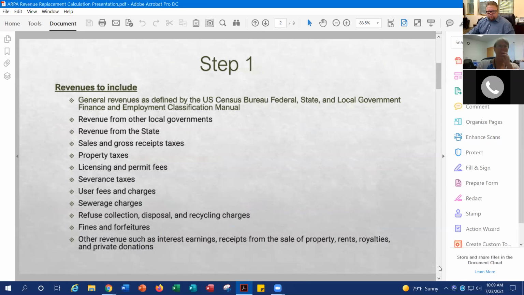It includes revenue from other governments and from the state, sales and gross receipt taxes, property taxes, licensing and permit fees, severance taxes, user fees and charges, sewerage charges, refuse collection, disposal, and recycling charges, fines and forfeitures, and other miscellaneous revenues such as interest earnings, receipts from the sale of property, rents, royalties, and private donations.